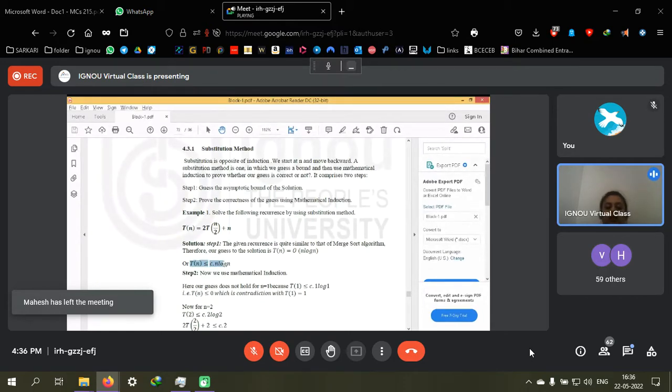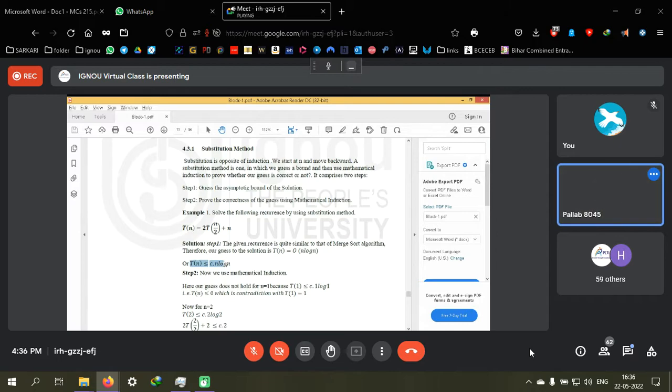Which notation function is this? Asymptotic notation. Which asymptotic? We have three asymptotic notations. Here we guess our value, that is big O of n log n.